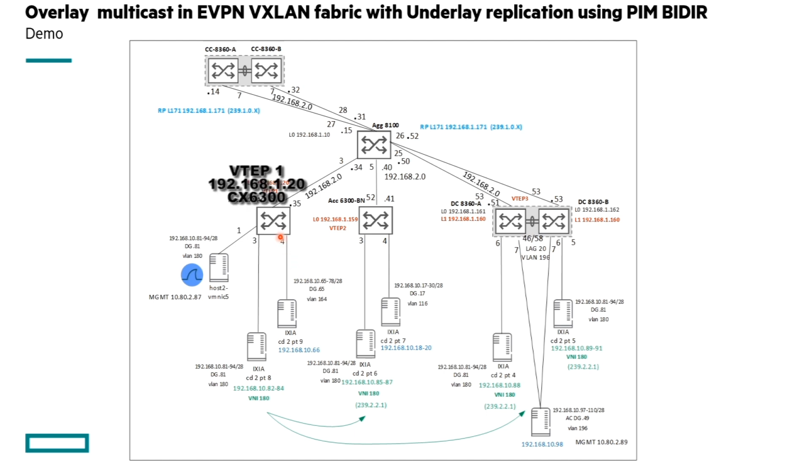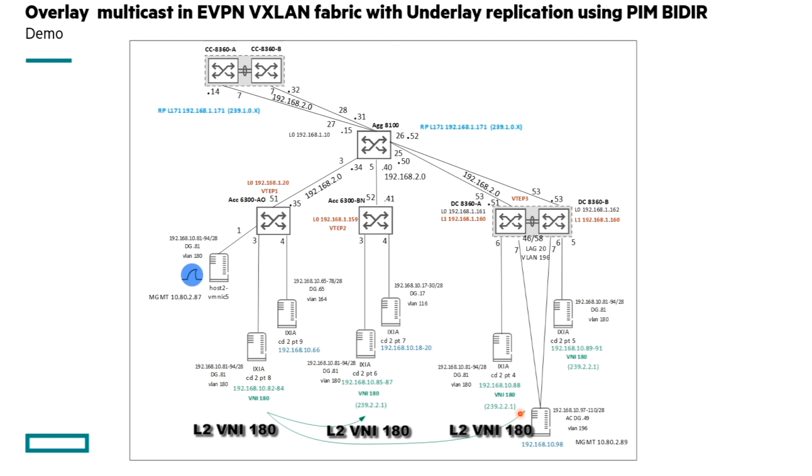VTEP 1, 192.168.1.20 on the CX6300, VTEP 2 at 192.168.1.159 on the other CX6300, and VTEP 3 at 192.168.1.160 on the VSX cluster. Each VTEP has a layer 2 VNI, 180 on VTEP 1, VTEP 2 and VTEP 3.